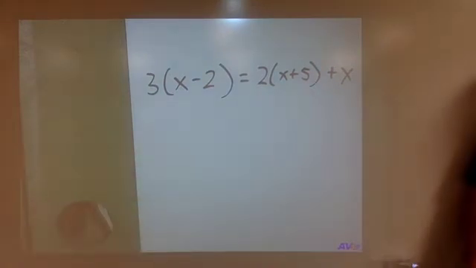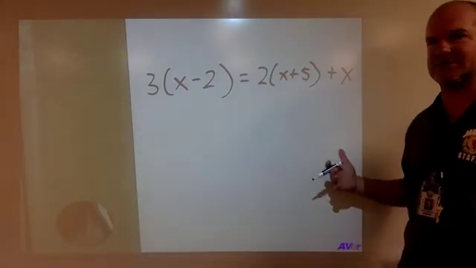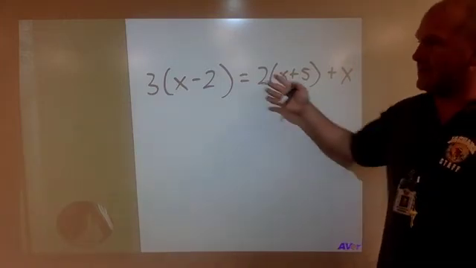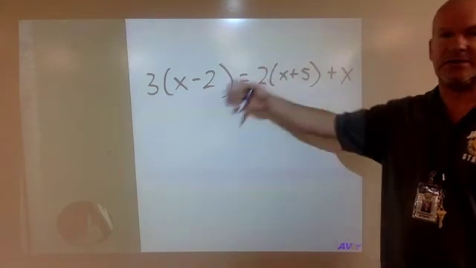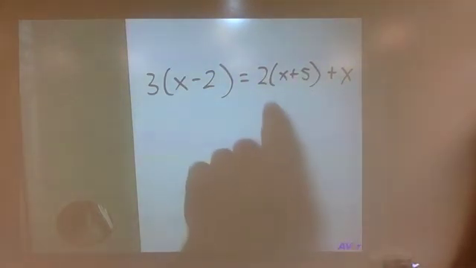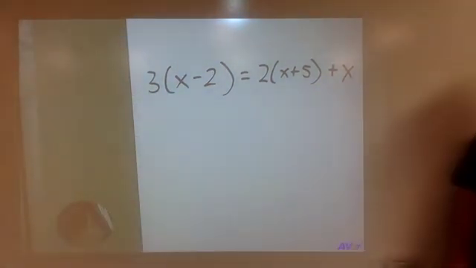When you get something that looks more complicated like this, you have x's on each side of the equation, you have quantities inside parentheses on each side of the equation. Now, you're not going to want to start by dividing 2 to the other side or dividing 3 to the other side.